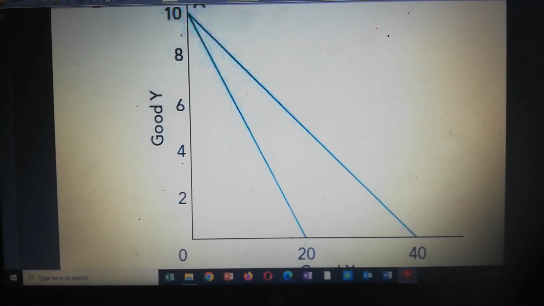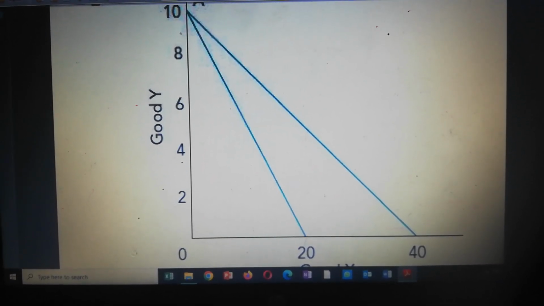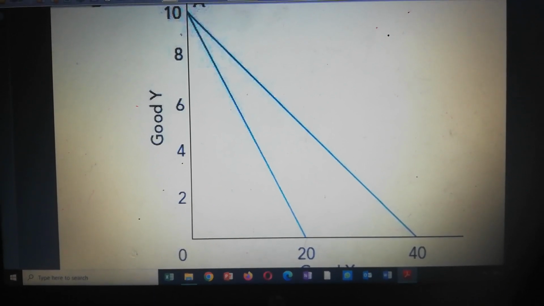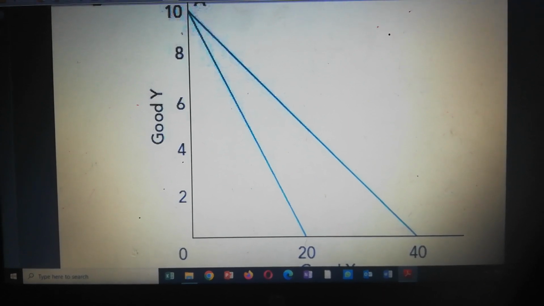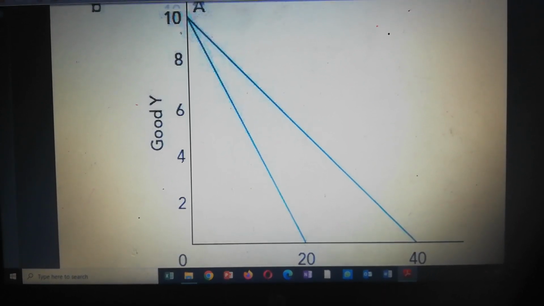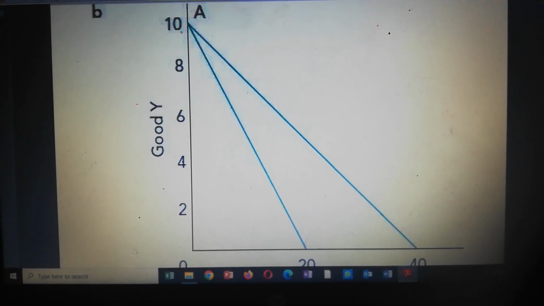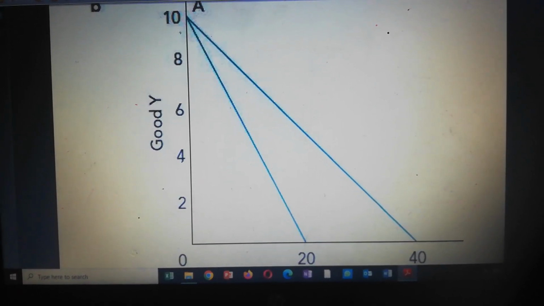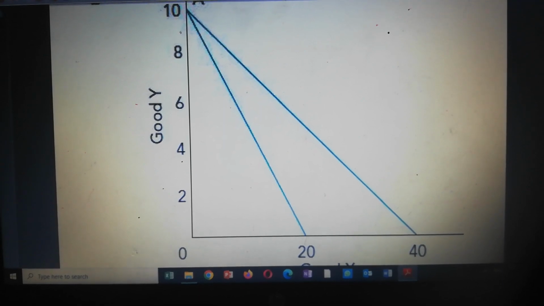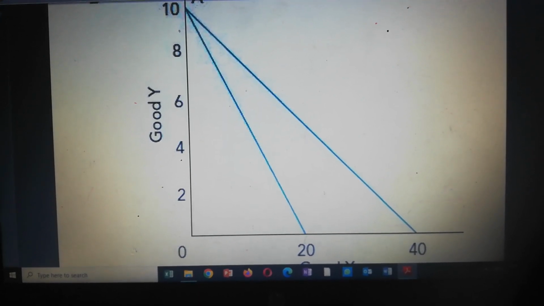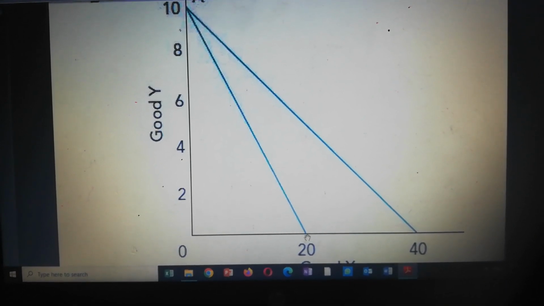And I also want you to know something which is also very interesting and very important. In this scenario, from this figure that I'm showing you on the screen, let's assume that the price for good X has fallen. You can see that can actually cause the consumers to spend more.